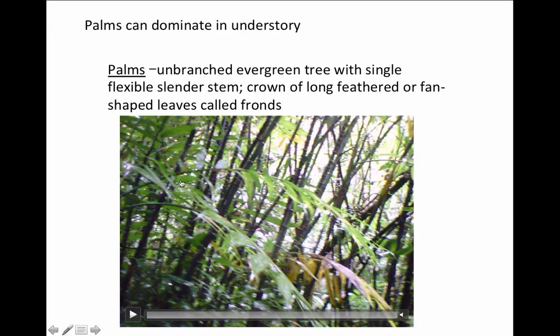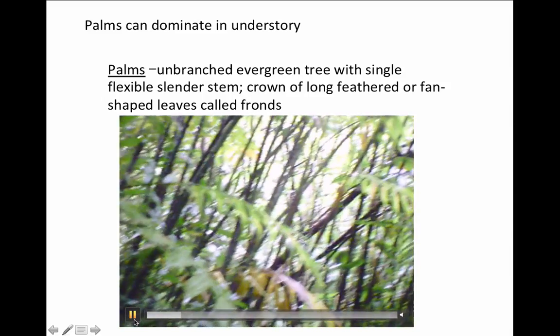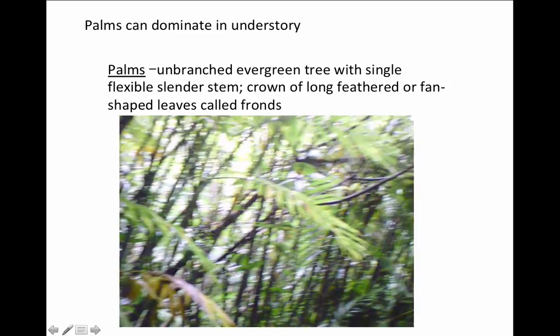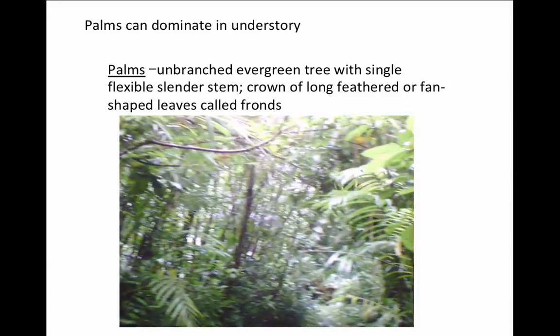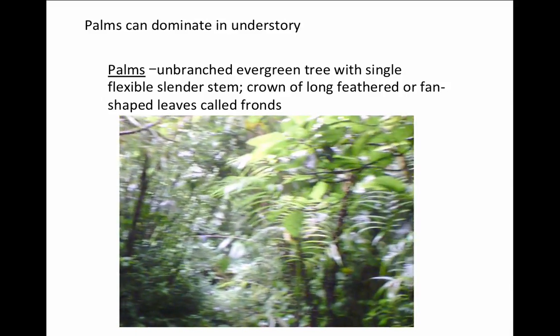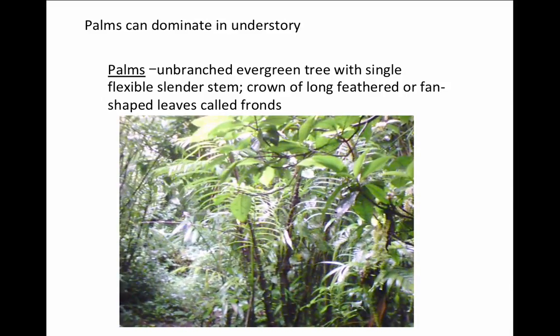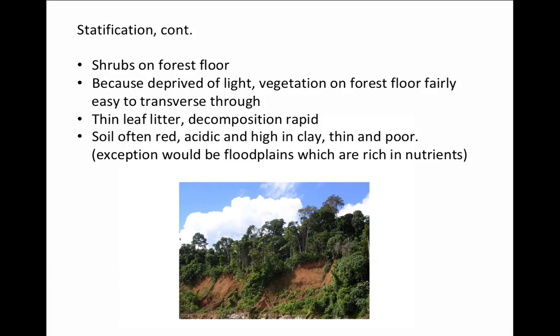That actually allows them to be flexible and move in the wind. And they have long feather or fan-shaped leaves, which are called fronds. You can see all the palms.